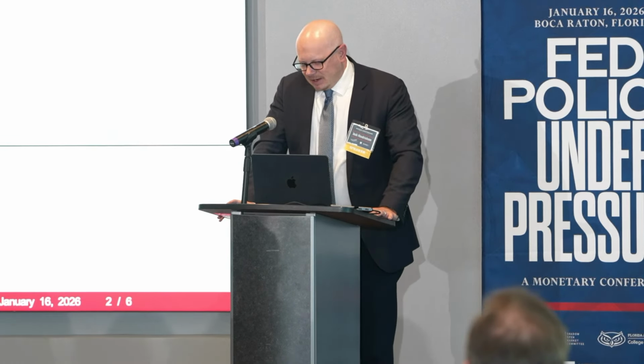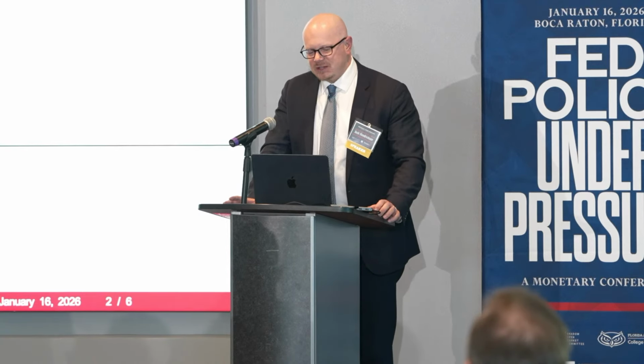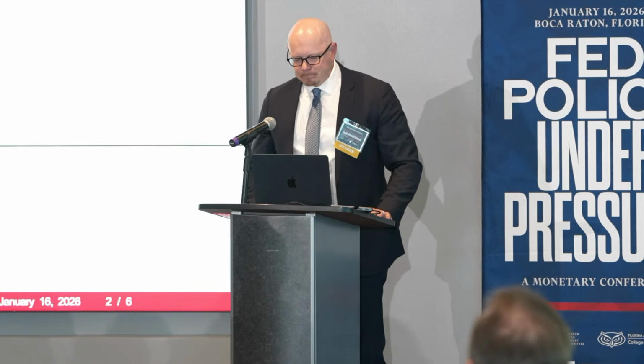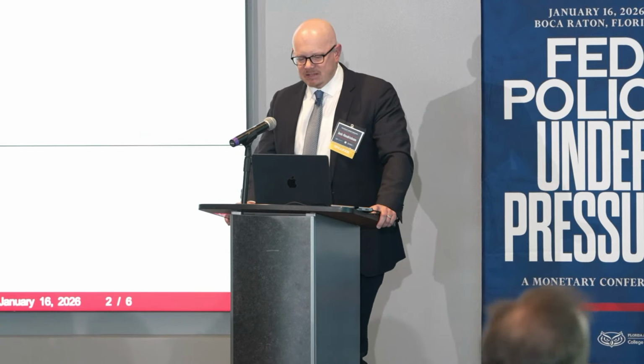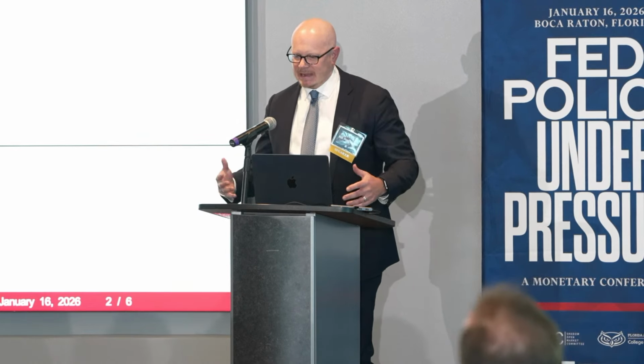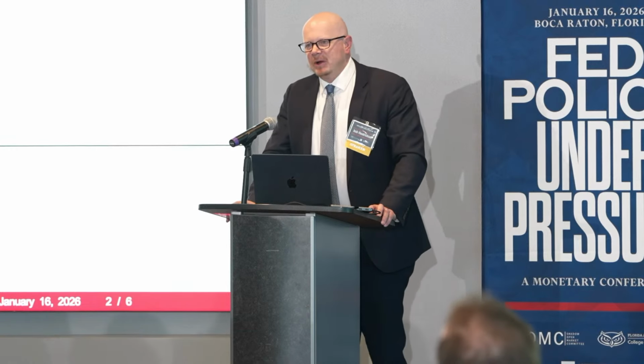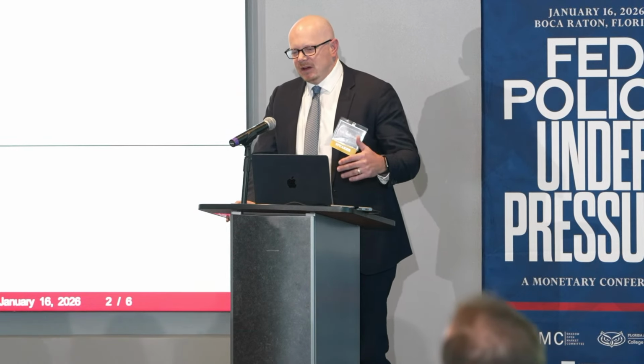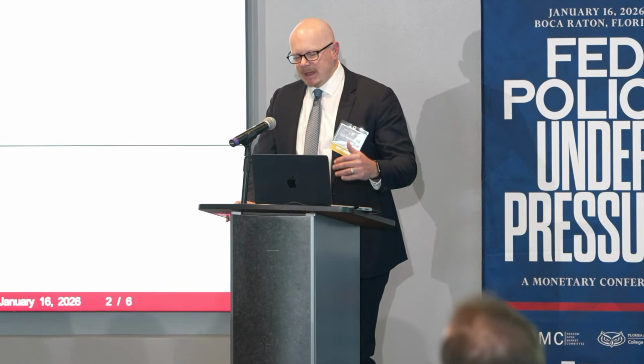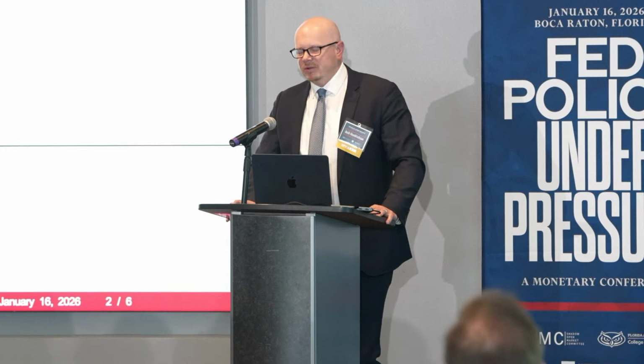So I label this the Treasury standard, and it's meant to be analogous to the gold standard. What I'm trying to get at is that if you look at the international monetary system, the US dollar is the global reserve currency, and the US Treasury is the global reserve asset.